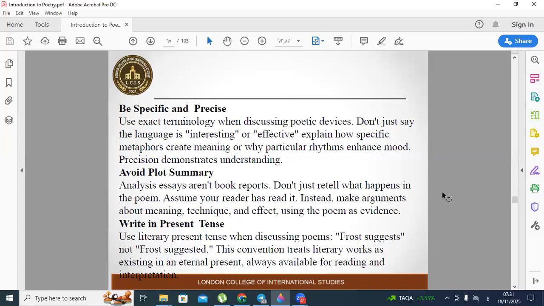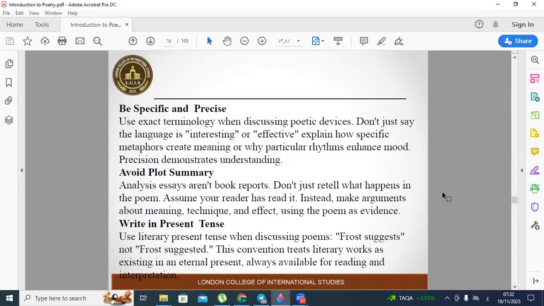Third, write in present tense. Use literary present tense when discussing poems. Frost suggests, not Frost suggested. This convention treats literary works as existing in an eternal present, always available for reading.